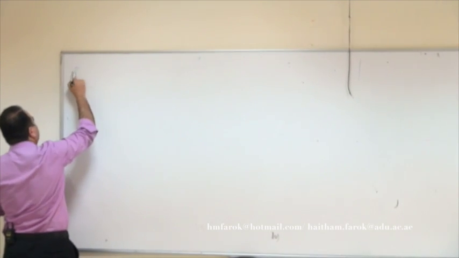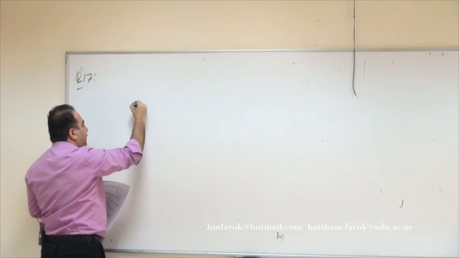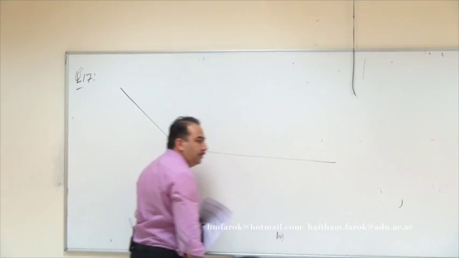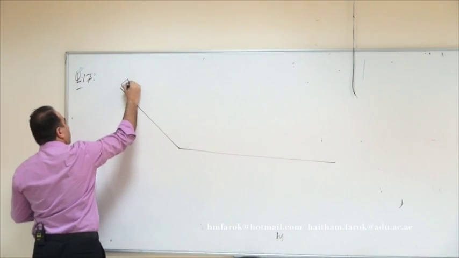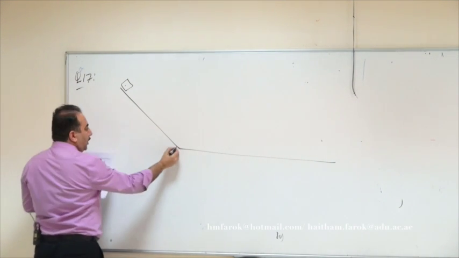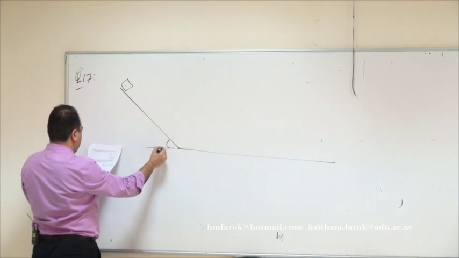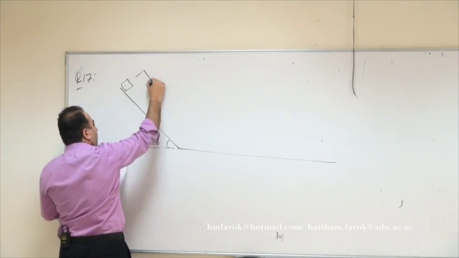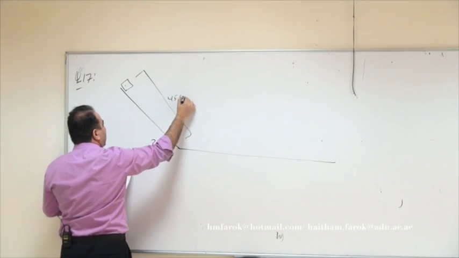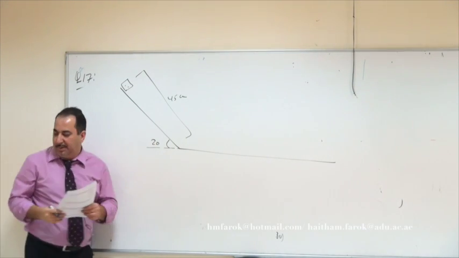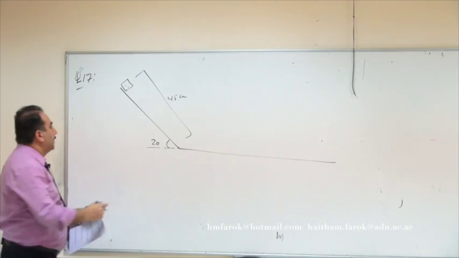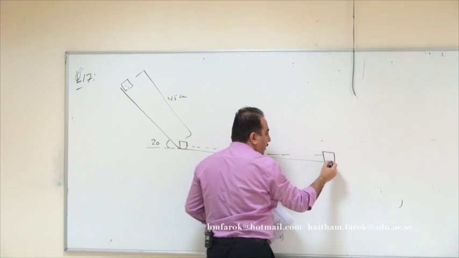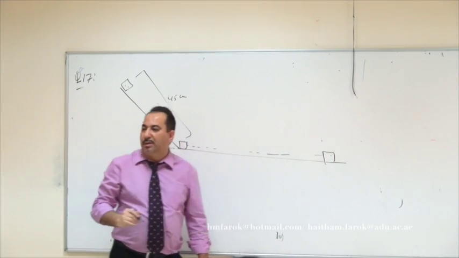This is question 17. I'll do a sketch here. You have an incline and then a straight part. You have an object, a mass, here. This incline has an angle of 20 degrees, and from here to there, 45 centimeters. This block will slide and keep on moving up to a point here, and it stops.